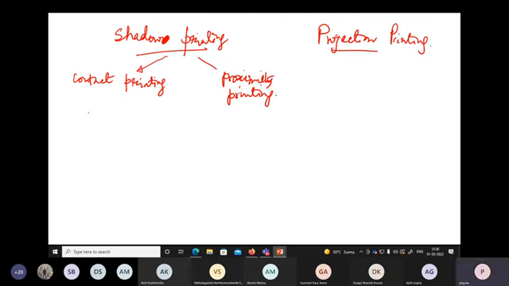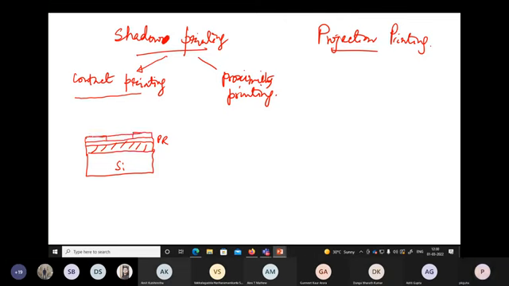What is contact printing? Here the mask and the substrate are in contact. So this is my substrate, silicon wafer. I have my oxide, I have my photoresist, and then I have the mask.